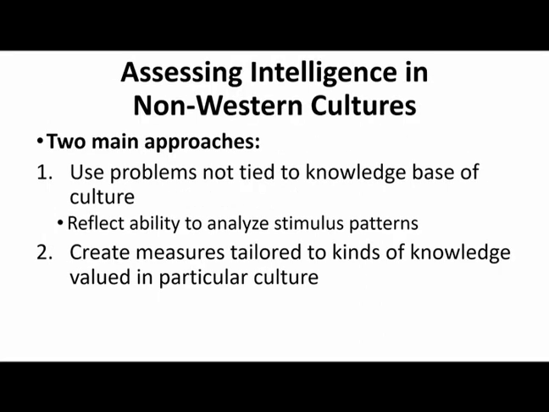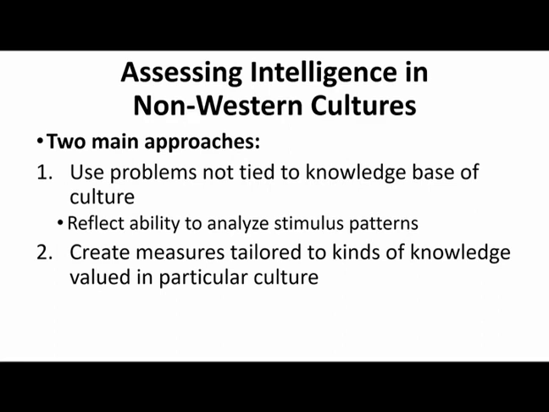Now, to wrap up this section, we're going to talk fairly briefly about how we can go about assessing intelligence in non-Western cultures. Because it's important to note that throughout our history and all of our discussions to this point, we started talking about measuring intelligence in France, then we moved to the US.